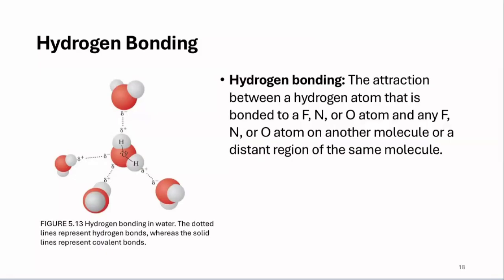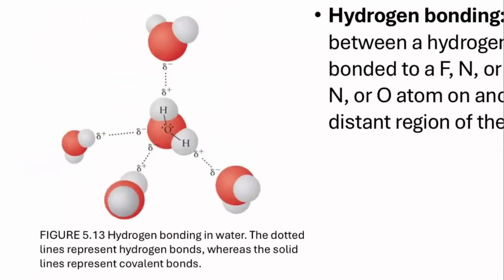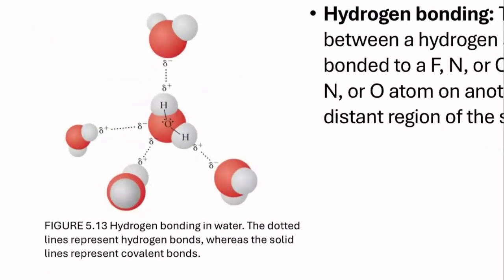Let's look at an example of a molecule that has hydrogen bonding by looking at water interacting with itself. I'm focusing on the image on the left side of the slide in figure 5.13, where we can observe that dotted lines illustrate the hydrogen bonding. In water, this hydrogen bonding happens between a hydrogen atom and the electronegative oxygen in the neighboring water molecule.